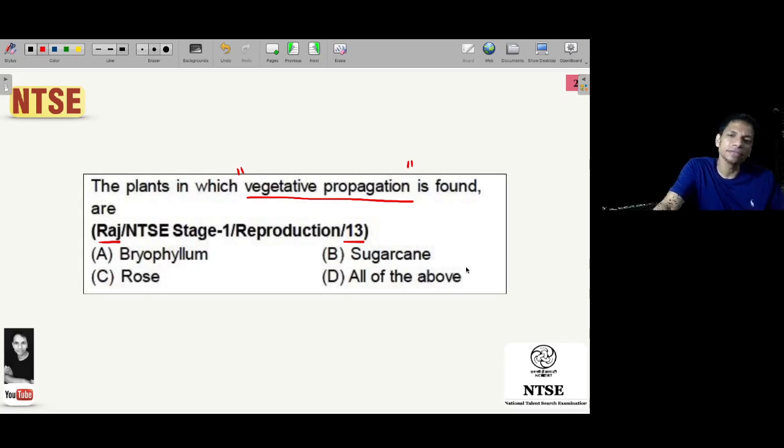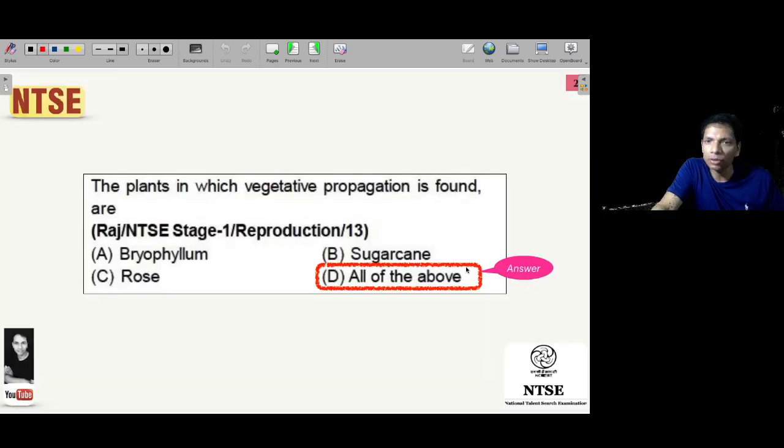Students, since it's YouTube, you can pause this video and answer the question, and time it yourself. The answer here is all the above. All these are plants which carry out vegetative propagation.